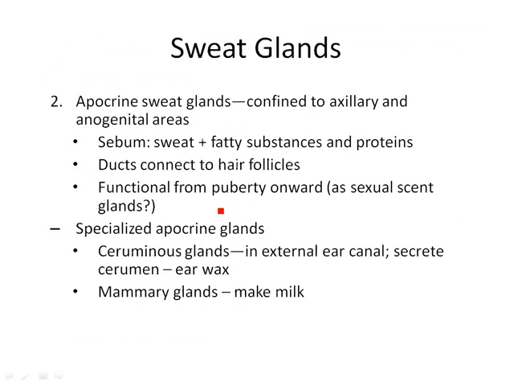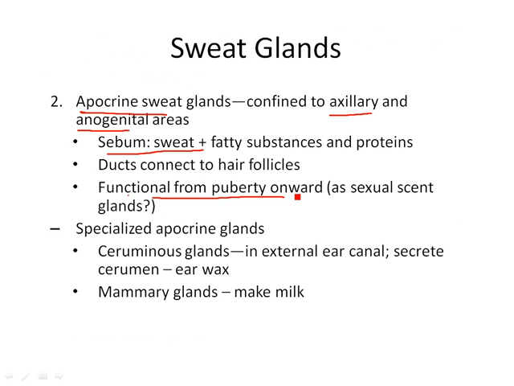No, but you have eccrine sweat glands there. Now the other kind of sweat gland is called an apocrine sweat gland. It's only in certain areas: your axillary area up under your arms, and your anogenital or pubic area. And they make a sweat that I call the stinky sweat. It's a mixture of sebum, which is basically sweat and fat, and a little bit of protein. And these only turn on about the time you hit puberty.